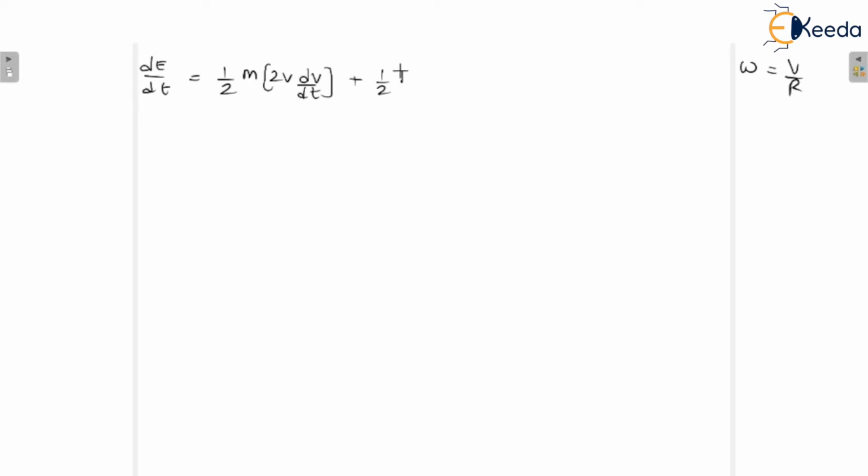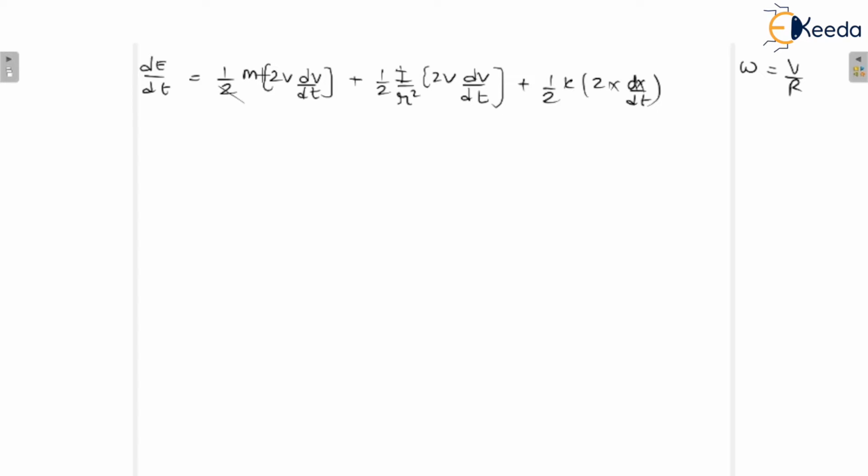So that means half I upon r square and v square, and v square means 2v dv upon dt, plus half kx square, that means half k 2x dx upon dt.